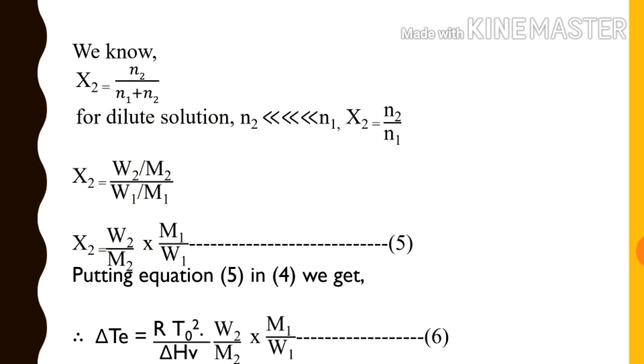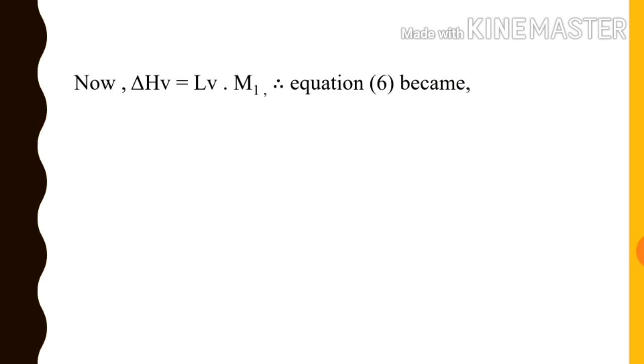This is our equation number 6. Next, delta HV is equal to LV into M1, where LV is the latent heat of vaporization.